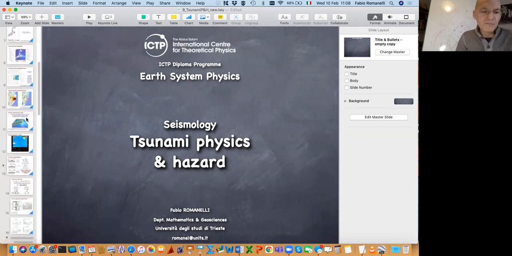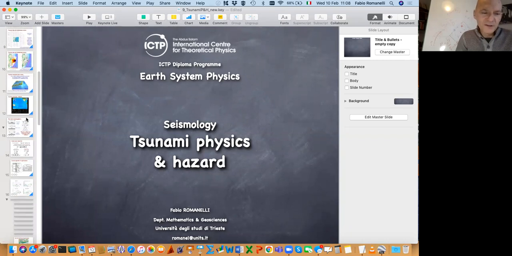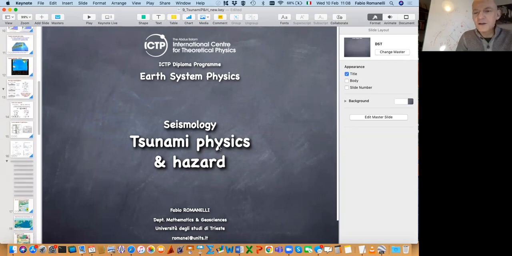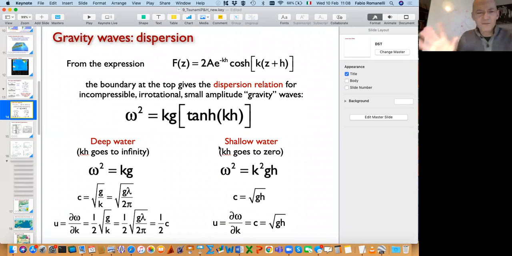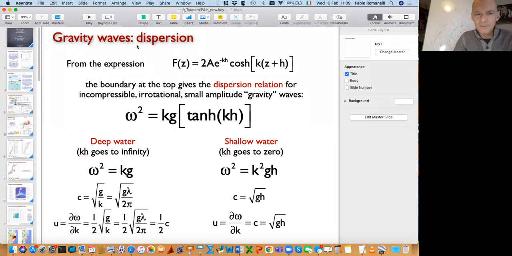There are actually a couple of formulas. The only slide with an expression is this one. Actually, it's not what I'm using to model tsunamis, but it's the only page with formulas here. So compared to the other lectures, it should be a little bit more relaxing.